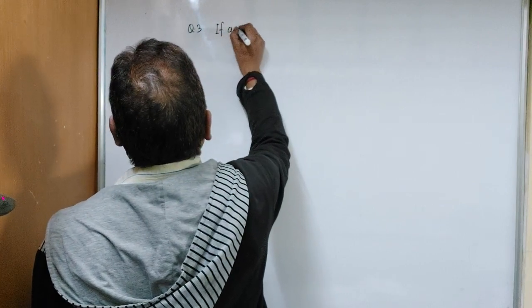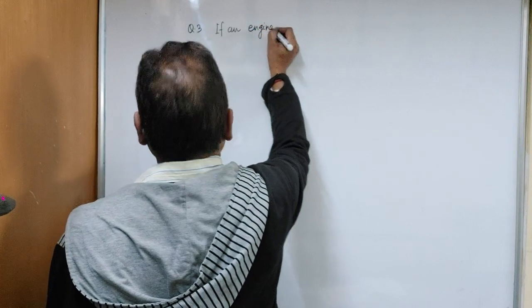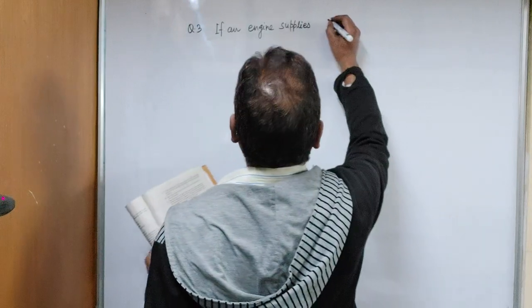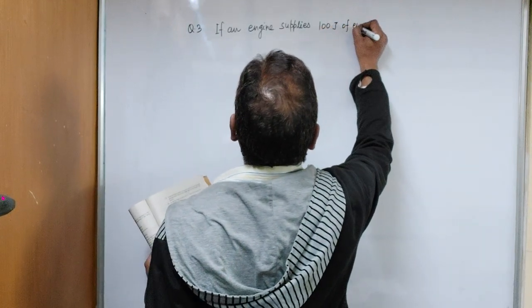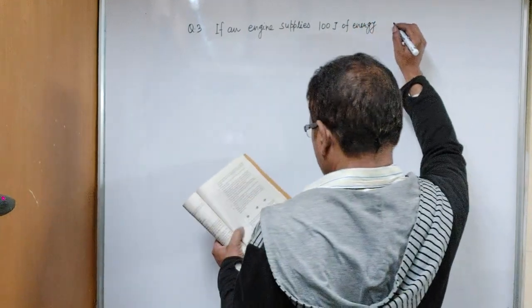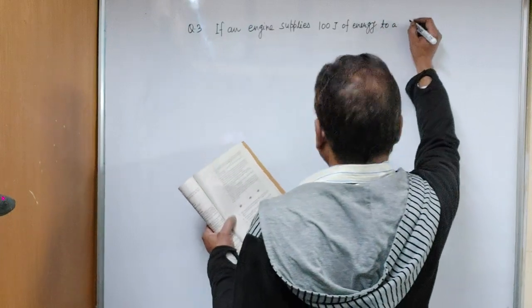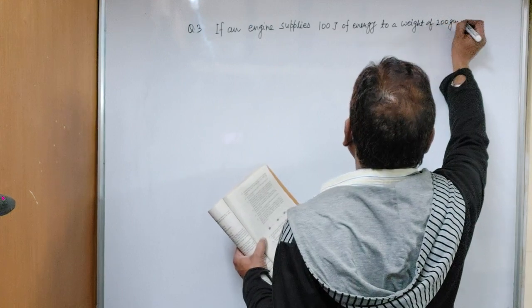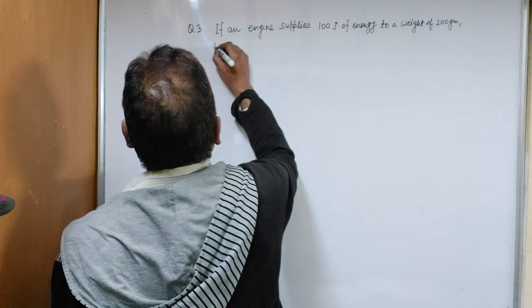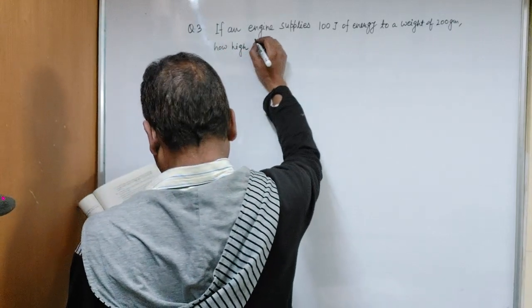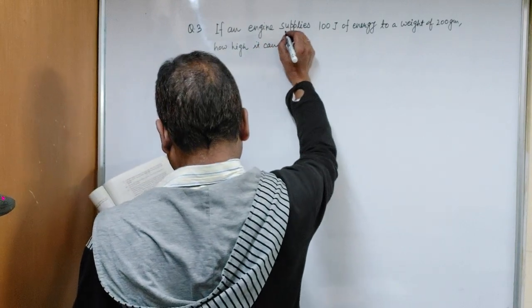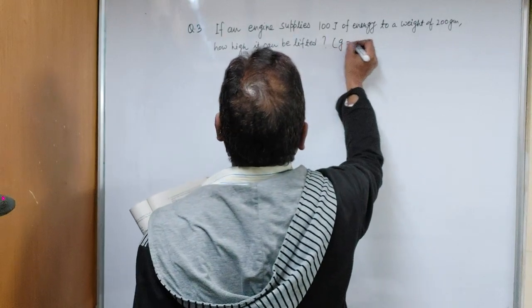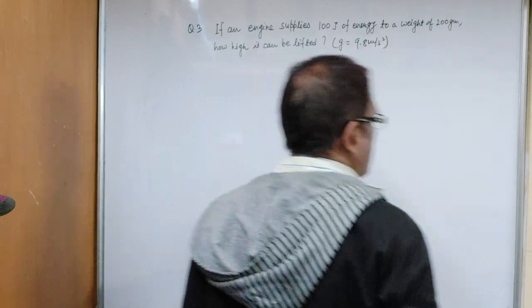If an engine supplies 100 joule of energy to a weight of 200 gram, how high can it be lifted? g is again given 9.8 meter per second square.